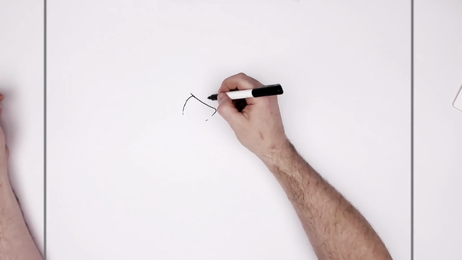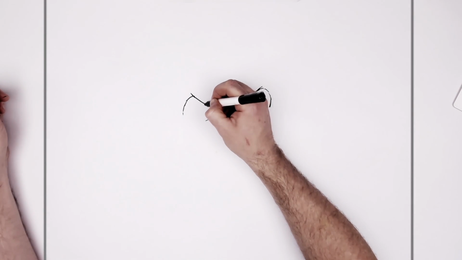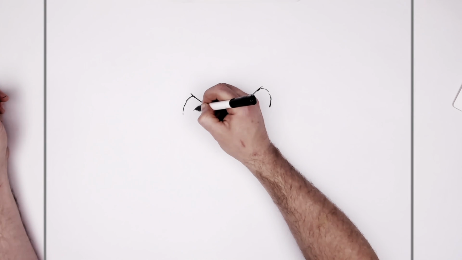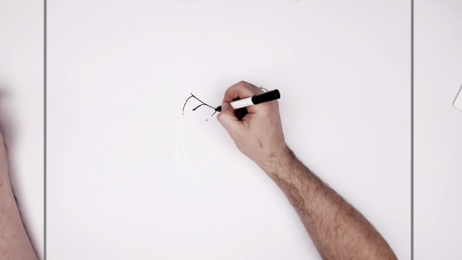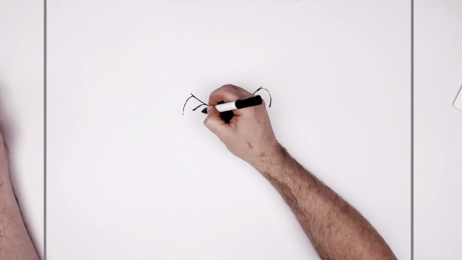So then his eye is inside there. So the top eyelid comes down like that. And I think he does have eyelashes sticking out here. And then his bottom eyelid line just here.